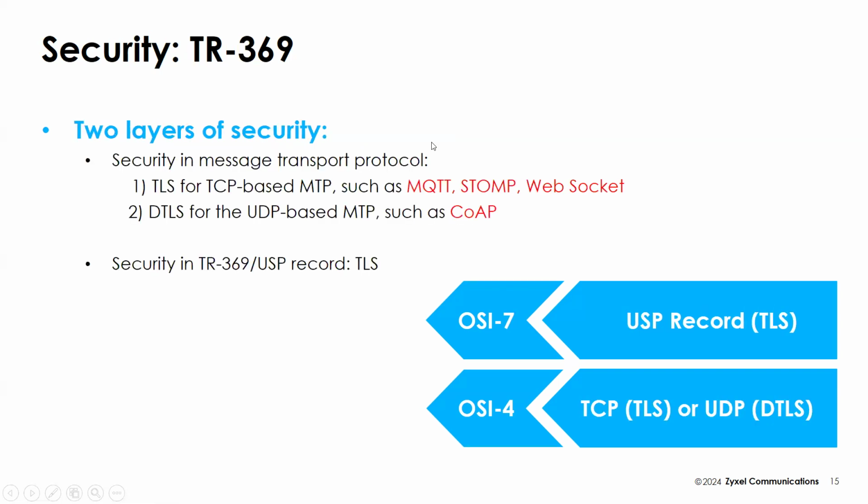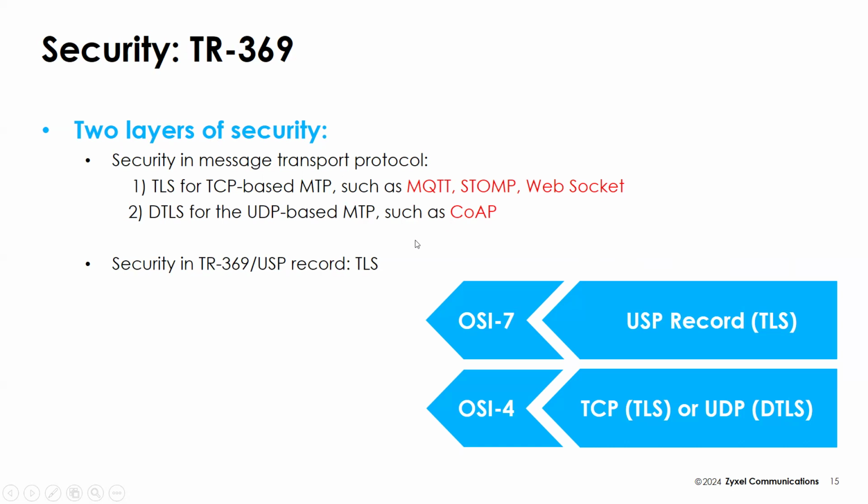Okay, and in TR369, we can see that the protocol has 2 layers of security. Similar to the previous TR69, TR369 can also enhance security from the transport protocol, either TLS for the TCP-based MTPs, or DTLS for the UDP-based MTPs.